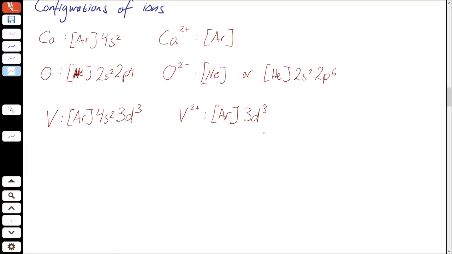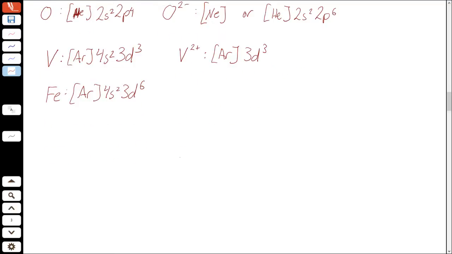Higher, more positive ions of the transition metals are also possible in some cases. So for instance, there is an iron +3. So if iron is 3d6, there's an iron +2, but there's also an iron +3.